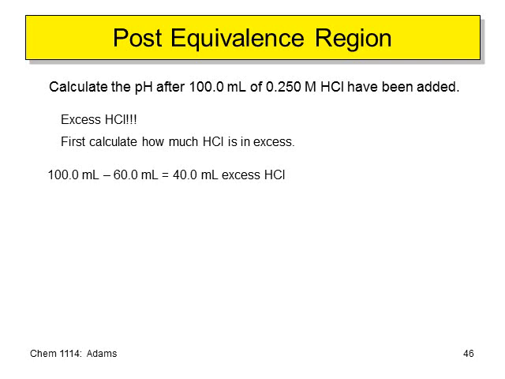We're going to calculate how much hydrochloric acid is in excess. We added 100 milliliters. We took 60, reacted 60 to the equivalence point, so I've got an excess of 40. I'm going to calculate the moles, convert it to a molarity, and calculate a pH.